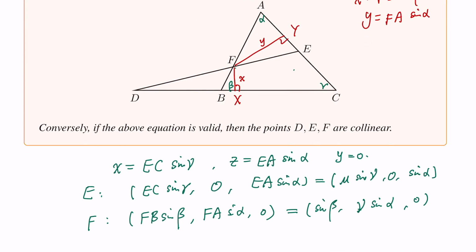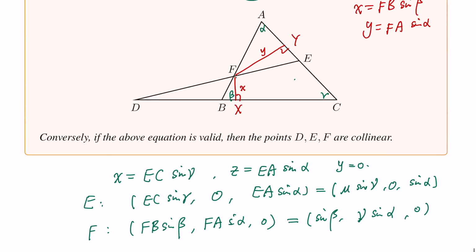Okay, so now let's compute the coordinates for D. The method for computing D is the same. The only problem is D is a point outside the triangle. And when it is outside the triangle, you have to determine the negative sign, because we are talking about the signed distance, not the true distance.